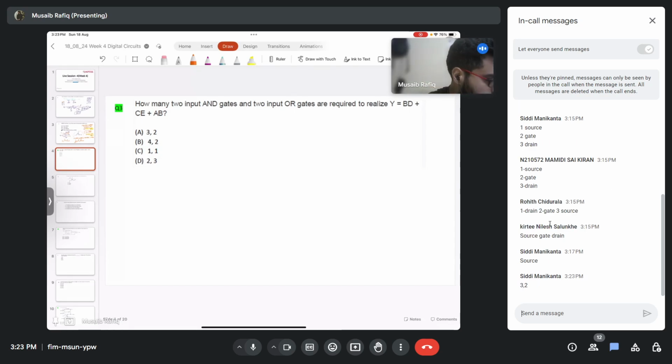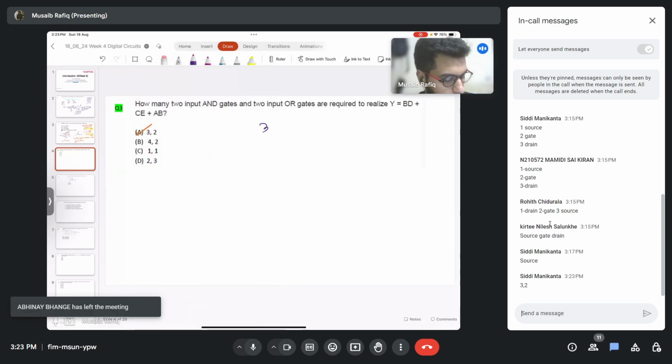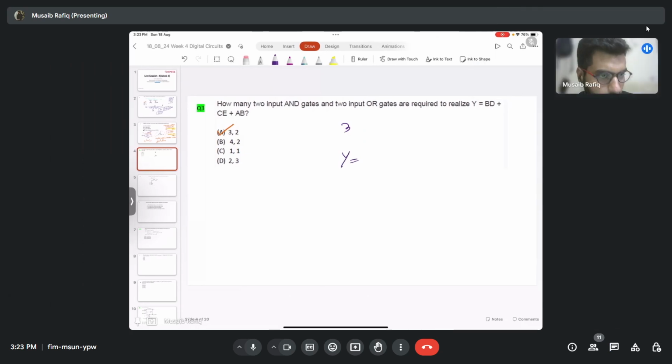Correct. So this is pretty simple. The answer to this question is option A, that is 3 comma 2: 3 AND gates and 2 OR gates. Basically the functionality we are required to perform is y equal to BD plus CE plus AB. This is an AND operation, this is an AND operation, this is an AND operation.